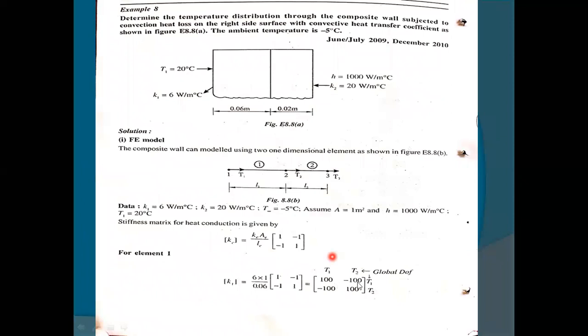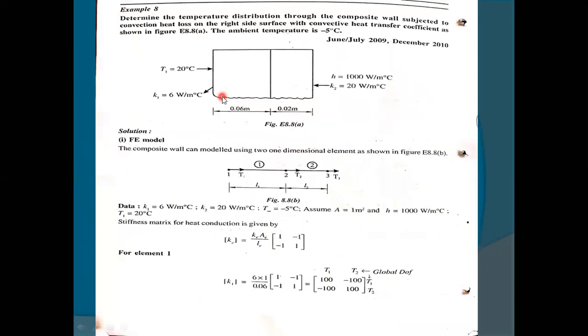Like that, for T2, T2, one matrix has 100 and the other has 1000, therefore 1000 plus 100 is 1100. Like that we add K1 and K2. So this is the total matrix, that is the global matrix based on conductivity.